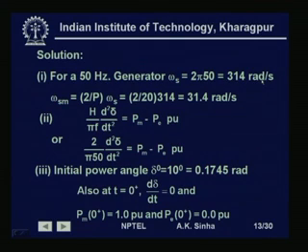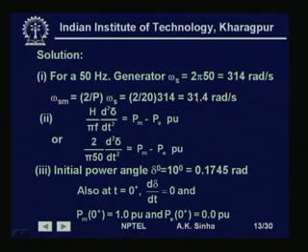So, this comes out to be 314 radians per second. Now, omega s m, the mechanical speed, is given by 2 by p into omega s. Now, in this case we have p is equal to 20. So, we have 2 by 20 into omega s 314 radians per second. So, this speed comes out to be 31.4 radians per second.